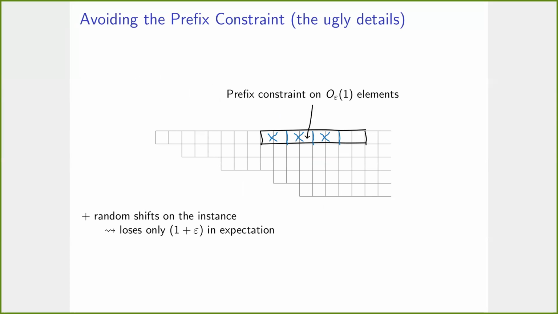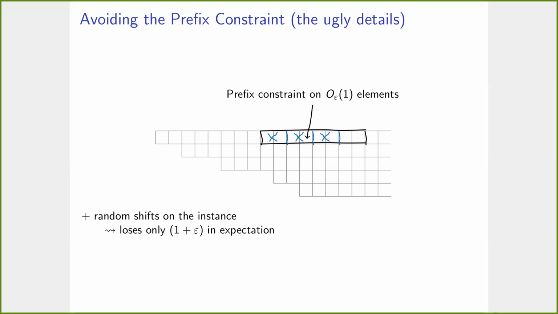So in the paper, we instead reduce to constraints that are in some sense a mix of these group constraints and the prefix constraints, and we get them by defining the groups as before, these exponentially growing groups, and then subdividing each group again into a constant number of subgroups and requiring prefix constraints on these subgroups. So of each group, we need to select a prefix of the subgroups.